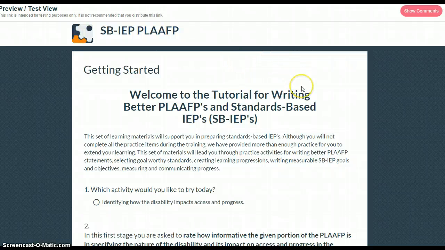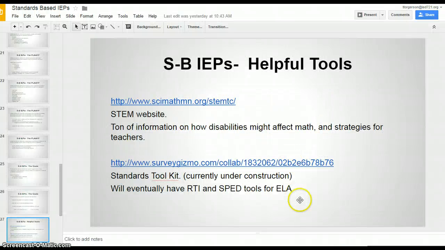But writing standards-based, it really helps you figure out those gaps. So this is another cool tool, but again, it's under construction. Oh, and that one was specific for English language arts. So this one more for math, and this one more for ELA.